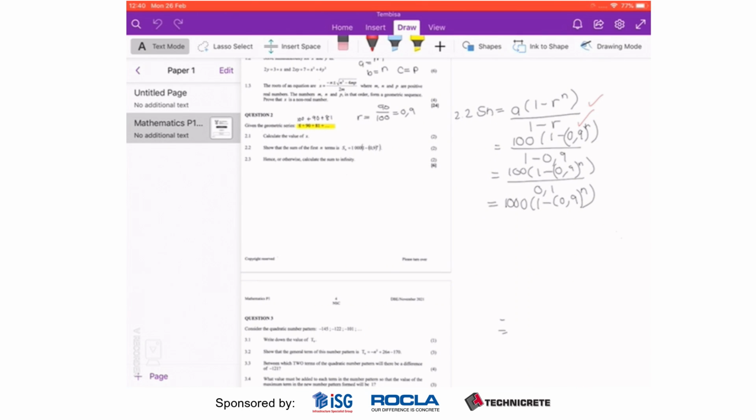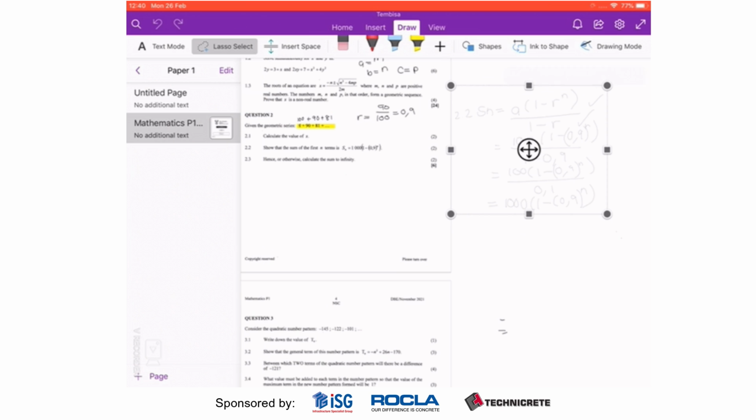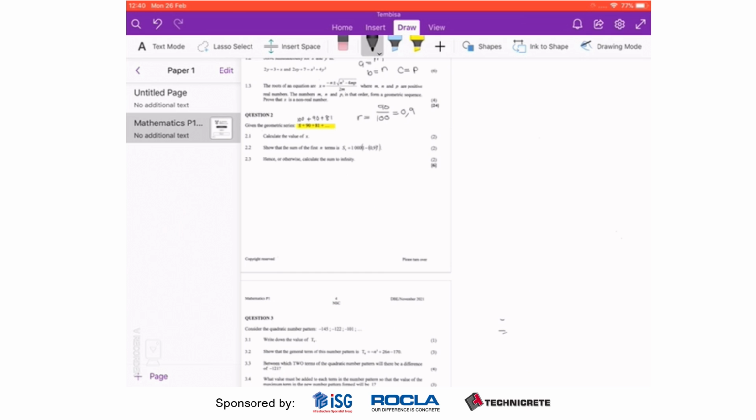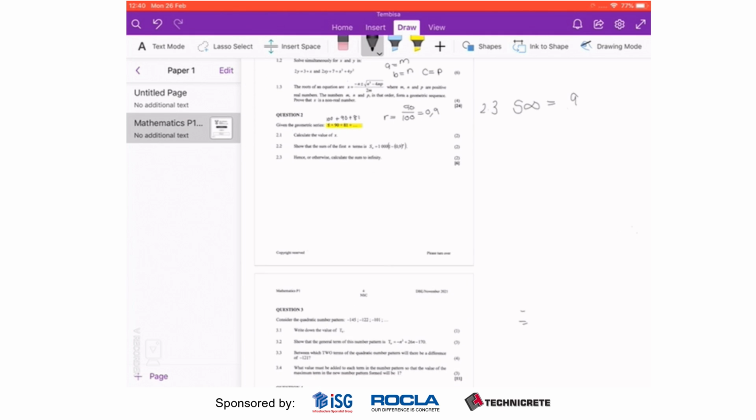Okay, the last one in this question says hence or otherwise calculate the sum to infinity. So once again, knowing which is your sum to infinity formula, okay, and I'm going to write that out for you now, but being able to identify it from the formula sheet is important. Okay, so sum to infinity is a over 1 minus r.